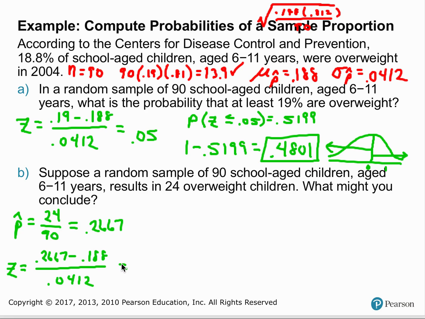Okay, and so I get 1.91. So then when I look on my chart for 1.91, I get 0.9719.